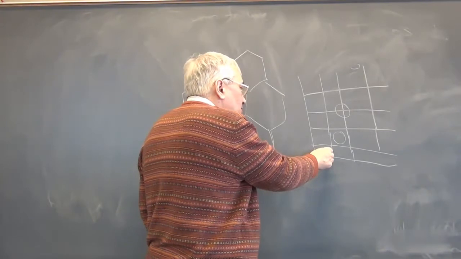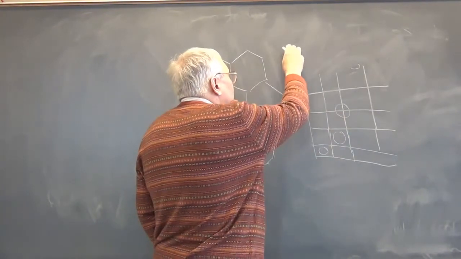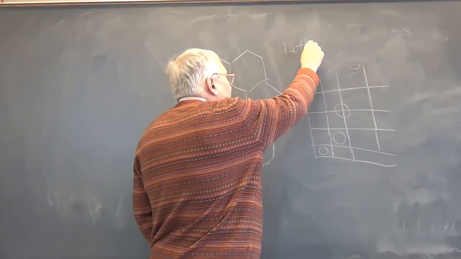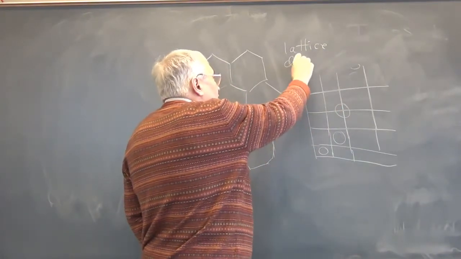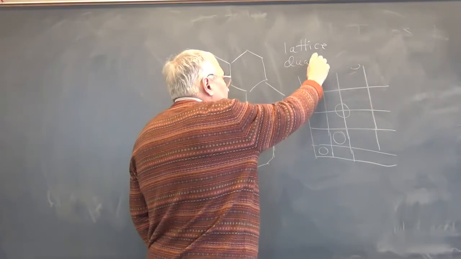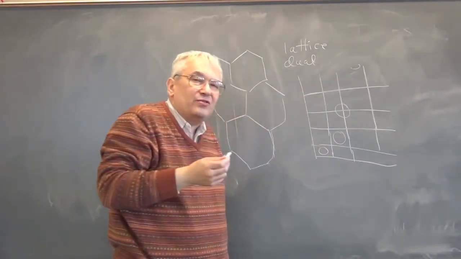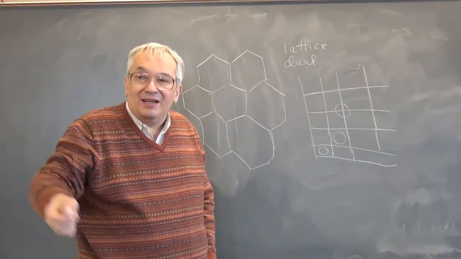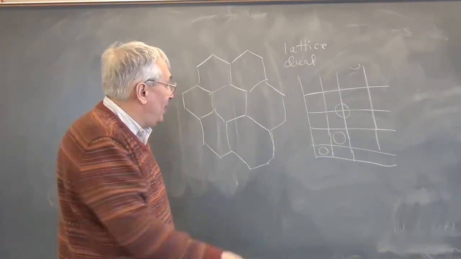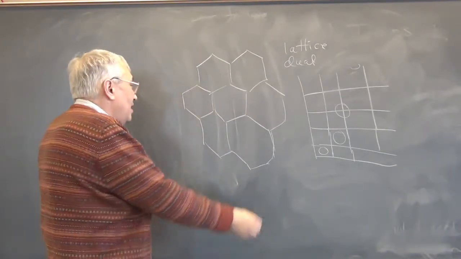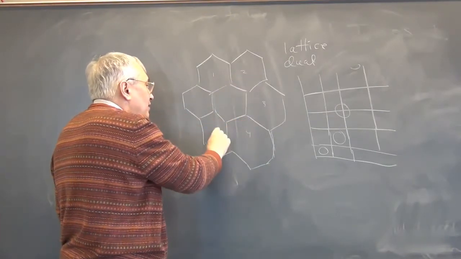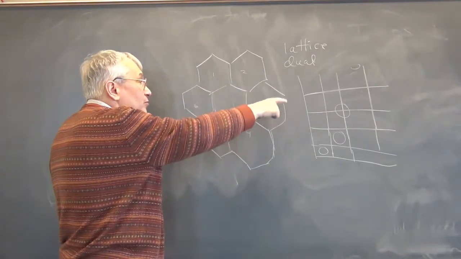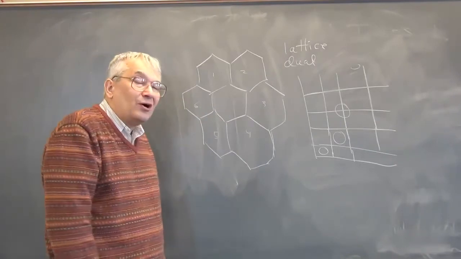The squares and the intersections are what are called a lattice, meaning it's lined up crisscross in some sense, and the dual lattice, but for squares they're the same. Consider, on the other hand, hexagons. Each hexagon obviously has 1, 2, 3, 4, 5, 6 nearest neighbors, just as each square has 4.